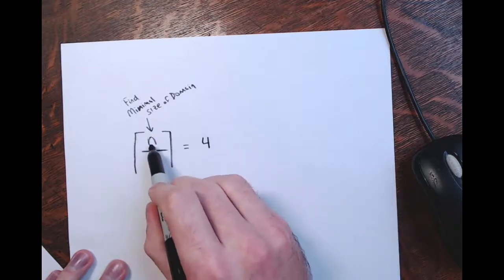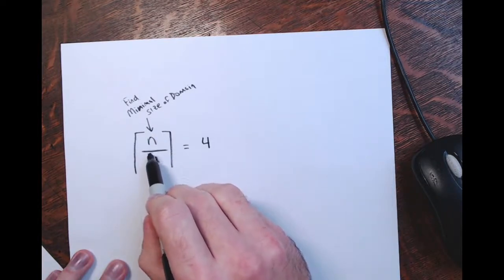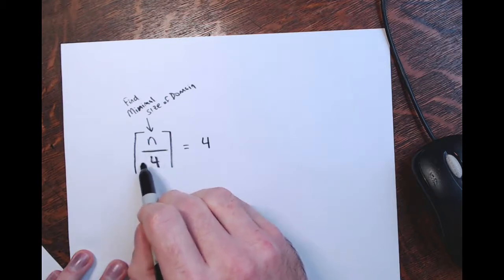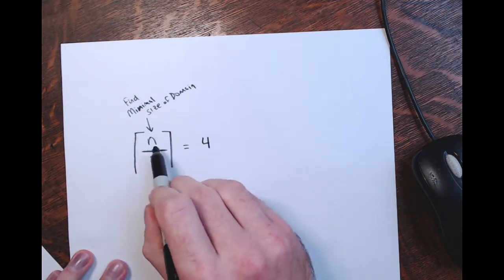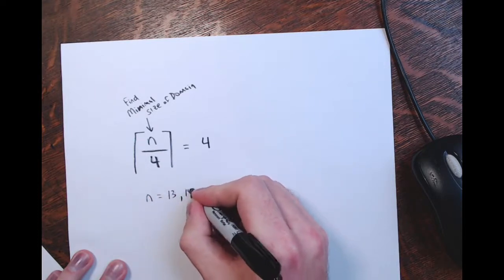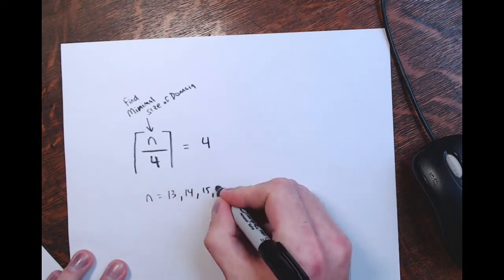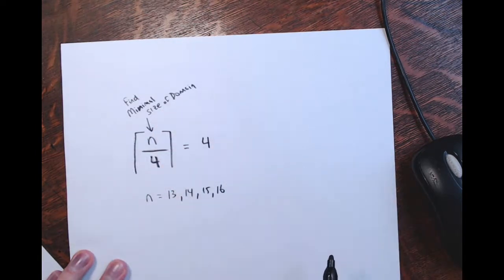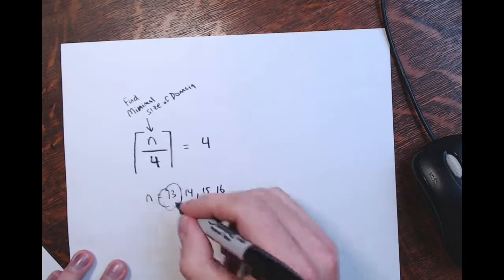So again, the worst case scenario, when n is 12, 12 divided by 4 is 3, and the ceiling would be 3, not 4. So n could be equal to 13, 14, 15, or 16, right? But then once n is 17, the ceiling is 5. So that minimal value is 13, right?